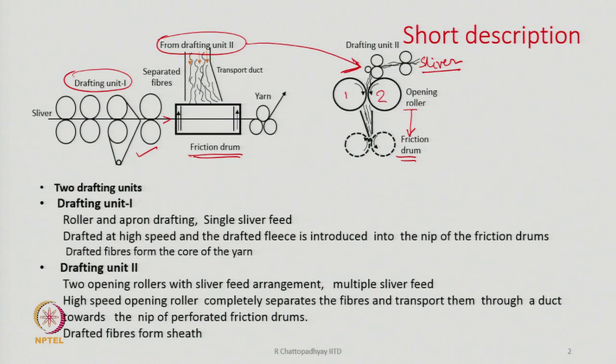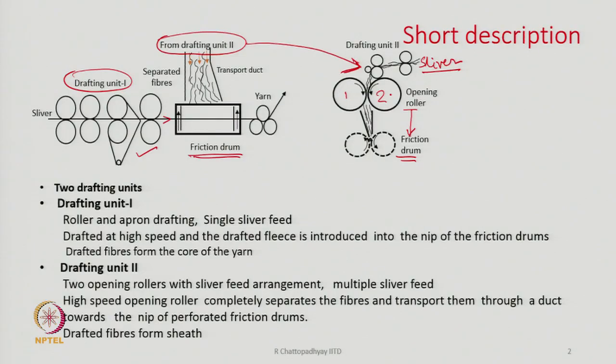So, there is a transport channel, or you can call it a fiber feed duct. Through this duct, the fibers from the opening roller surface move and ultimately land on the friction drum surface. They are directed in such a way that they land very close to the nip area of the friction drums.